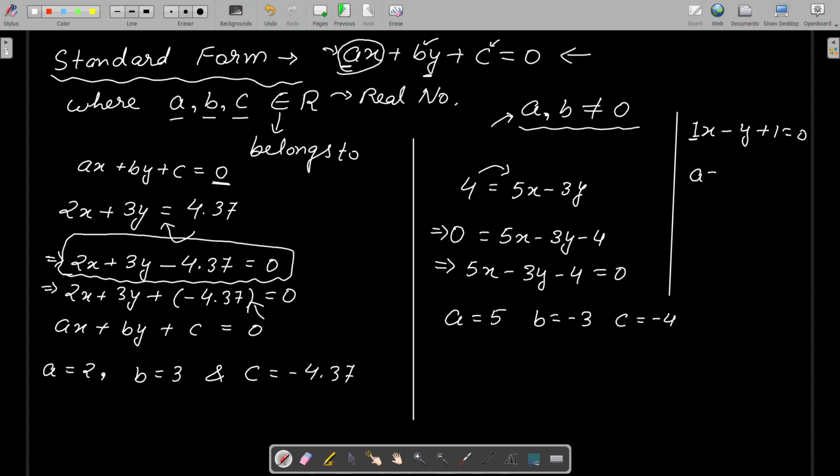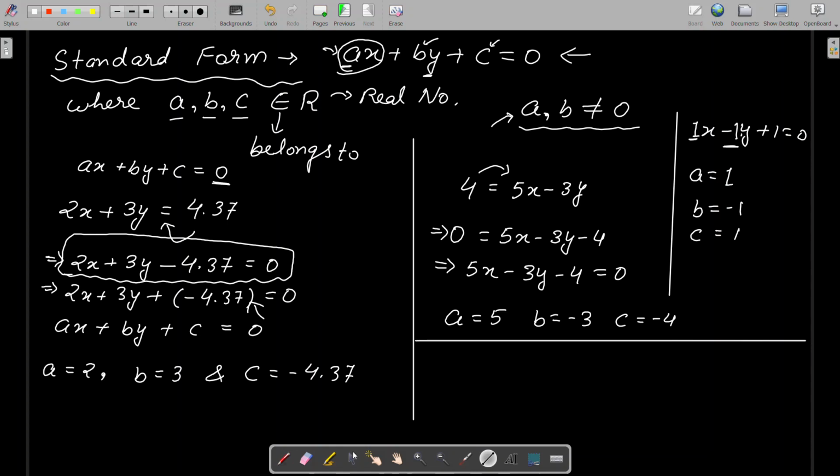So over here a is 1. Same way, at the place of y we can consider it is 1 into y, and a negative sign is here, so b is minus 1 and c is plus 1. So this is how you can find it out.